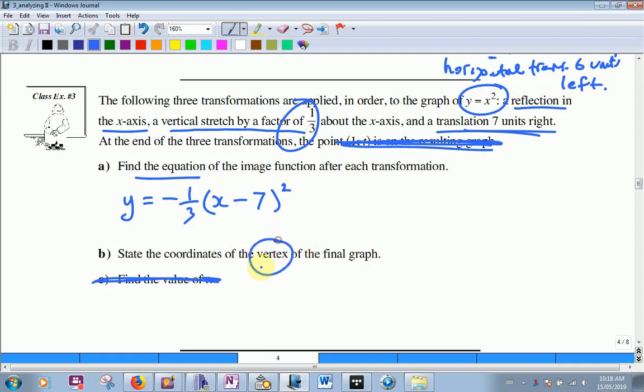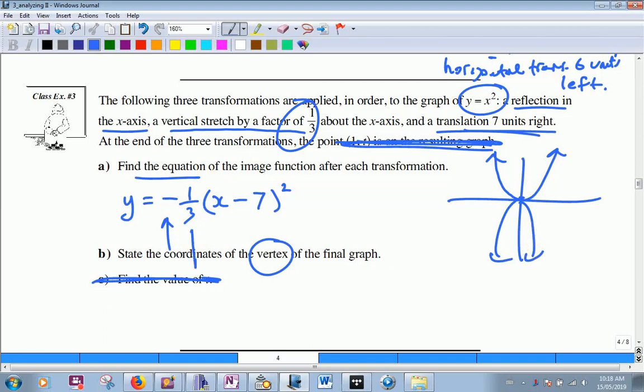So, what happens with my vertex then? Here's my most basic graph. You should have a mental image whenever we see y equals x squared. That's it. So what happens when I reflect it? As far as the vertex? Nothing. What happens if it's a 1/3 stretch? Nothing.